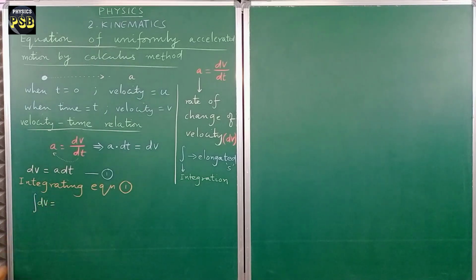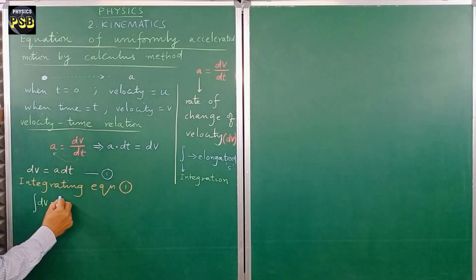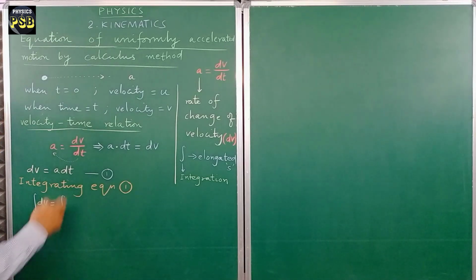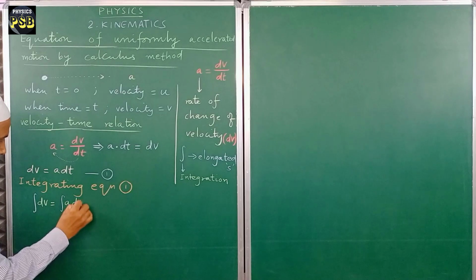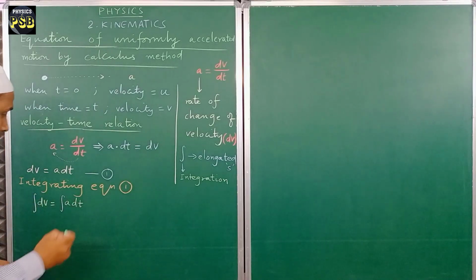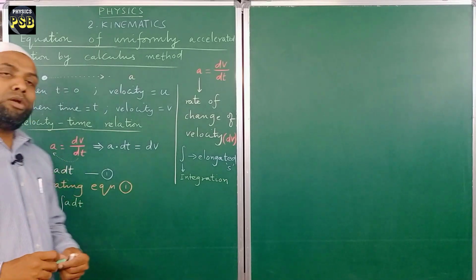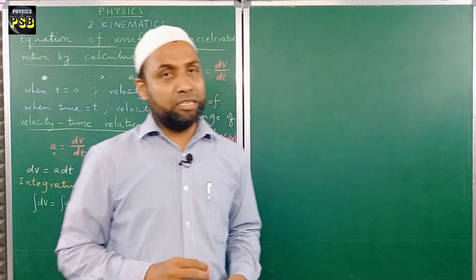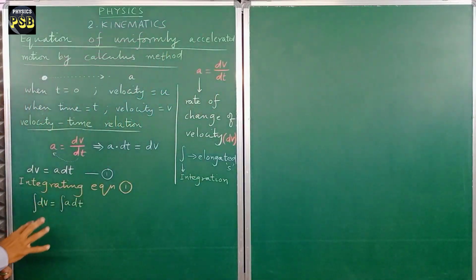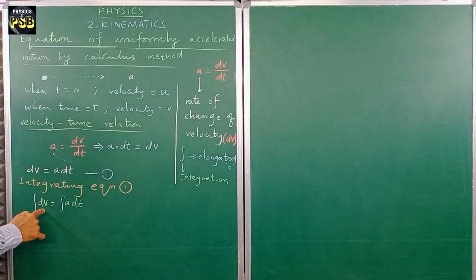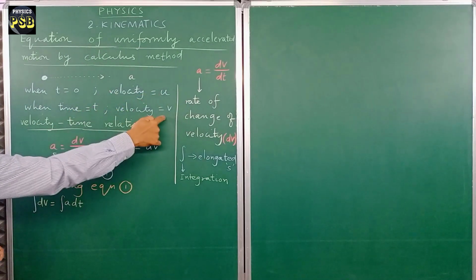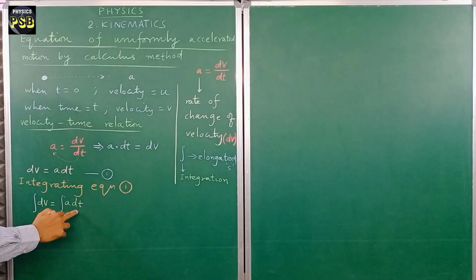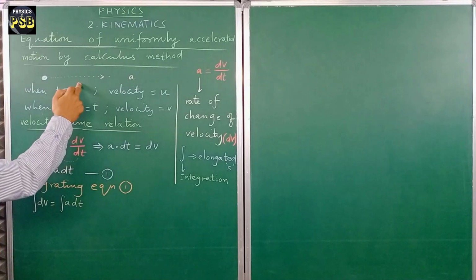Now I take this term dv equals, and on this side also I am going to integrate, so integral of a dt. Now see what I do next. You remember we do not integrate a constant term. Which one is the constant term here? Here velocity changes from u to v, and time also varies from 0 to t.